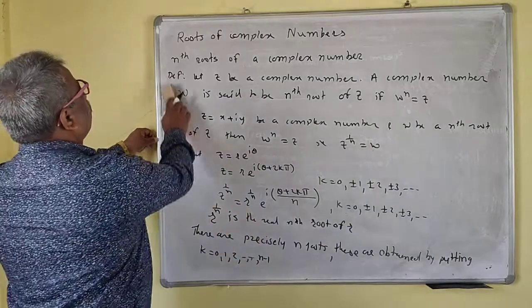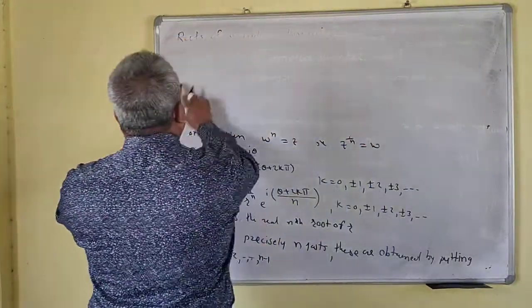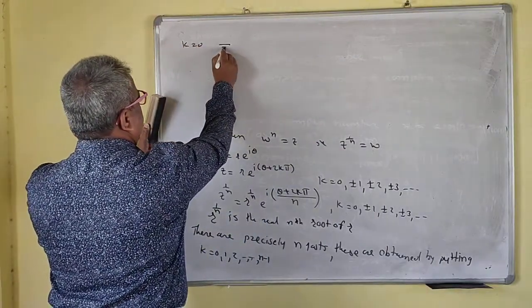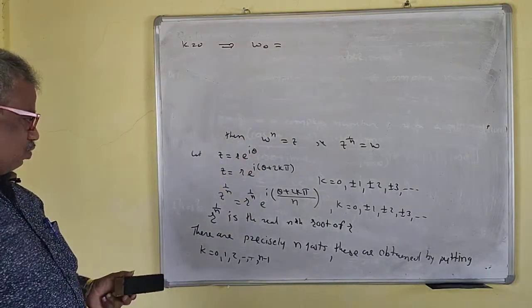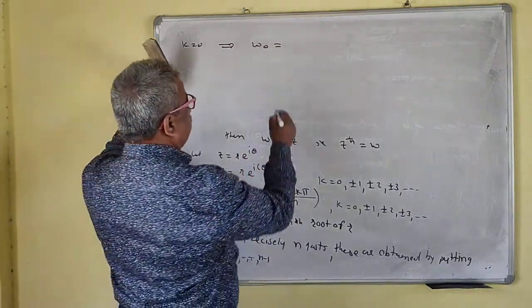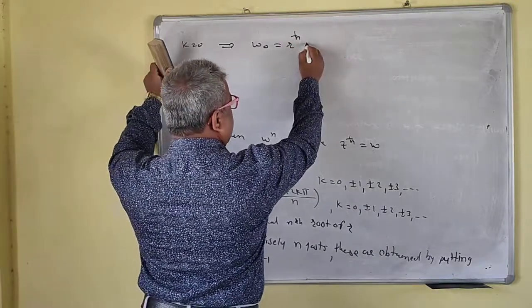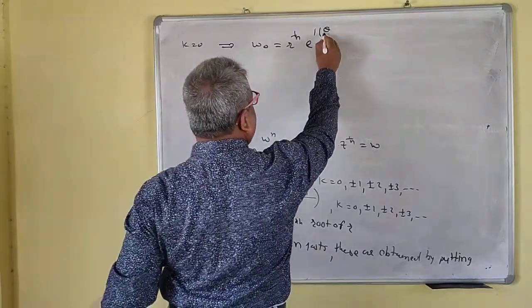Suppose k is equal to 0. We'll call this omega naught, which is equal to r to the power 1 by n e raised to i theta upon n.